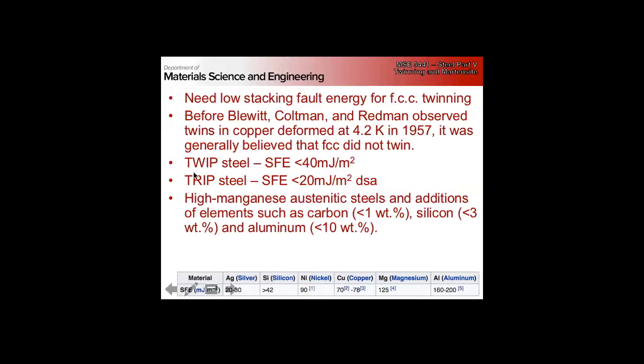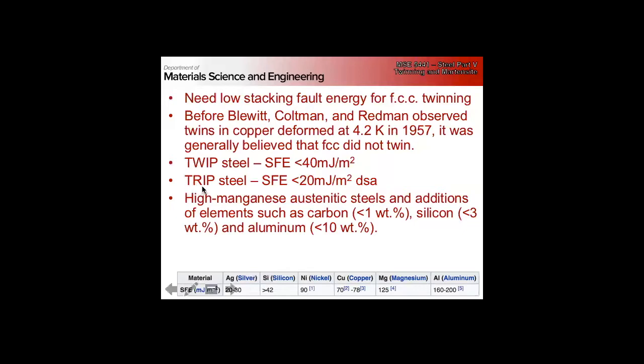So two of the most important ones that we'll talk about when we get to advanced high strength steels are TWIP. What we call TWIP steels are twinning induced plasticity steels, and they have a stacking fault energy in the range of less than 40 millijoules per meter squared. Remember, aluminum is greater than 200, so 5 times less than the stacking fault energy of aluminum.